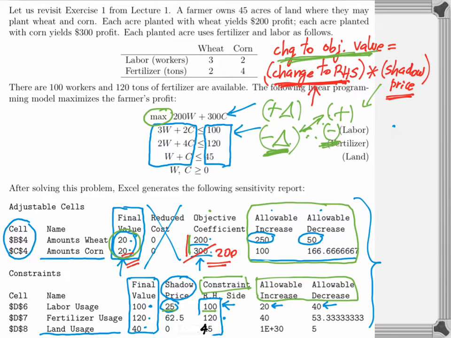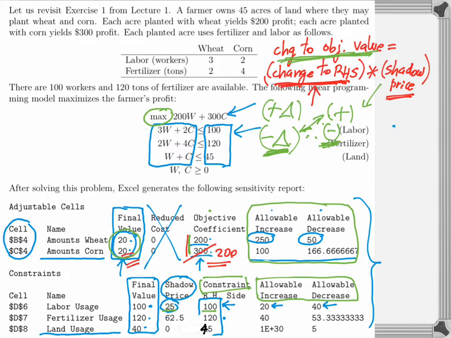If you're changing things in the bottom, in the constraints, within the allowables, that only means that the shadow price remains valid. It doesn't necessarily mean that your solution will stay the same. And in fact, in the example I just gave you, if I had 2 fewer workers, there's no way I can still plant 2020.